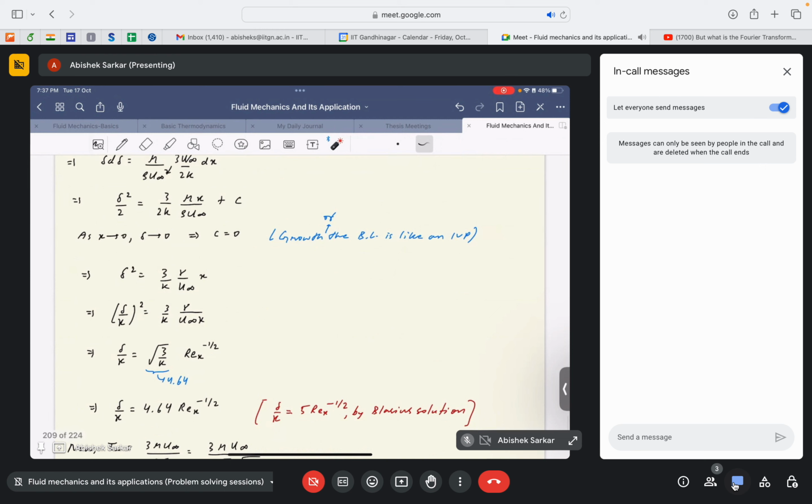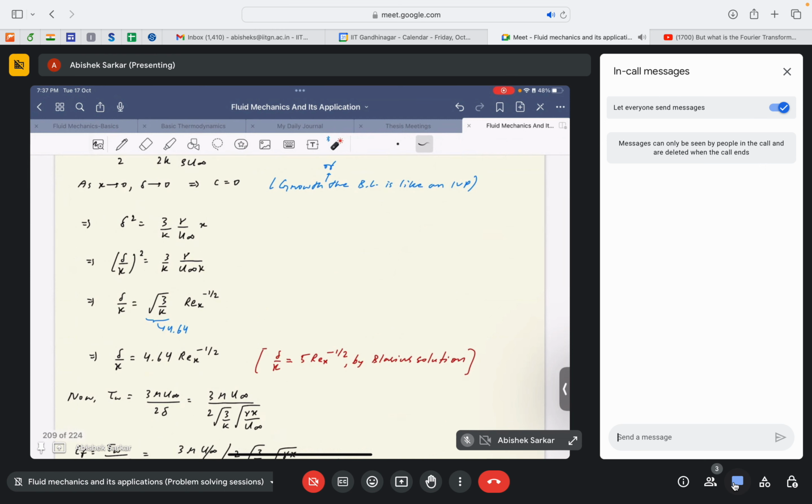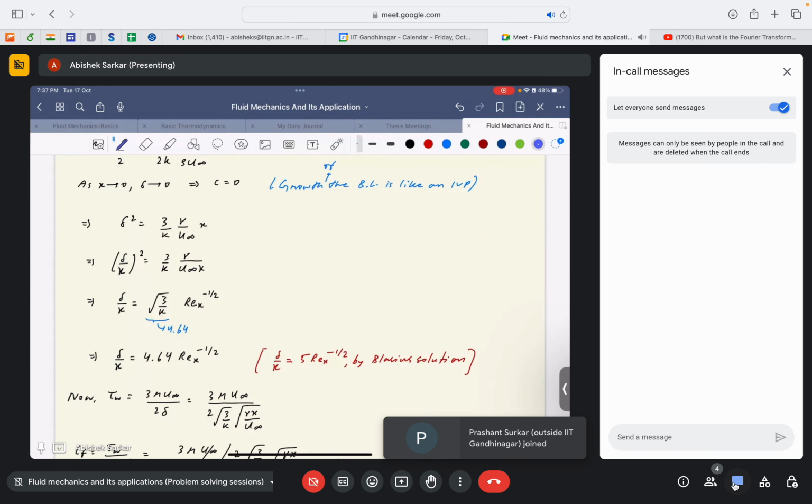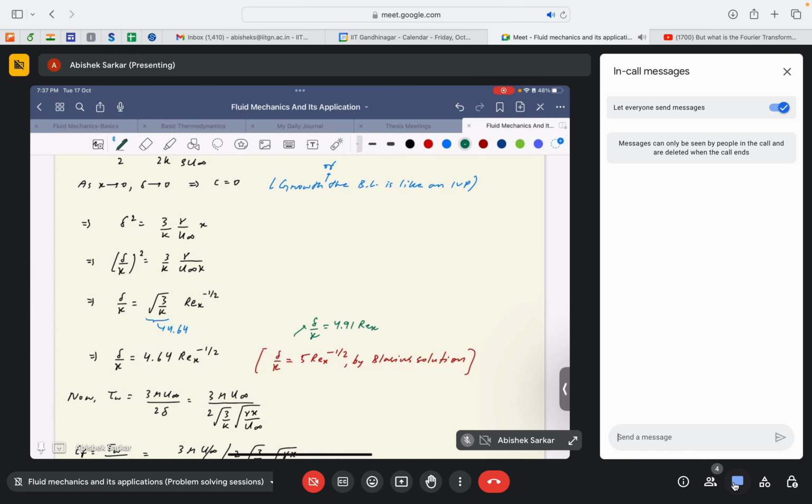This solution is quite close to what we obtained from the Blasius solution. In the exact solution, what we have derived is that delta by x is equal to 4.91 into Rex to the power minus 1 by 2. If you compare these coefficients, it's quite close.